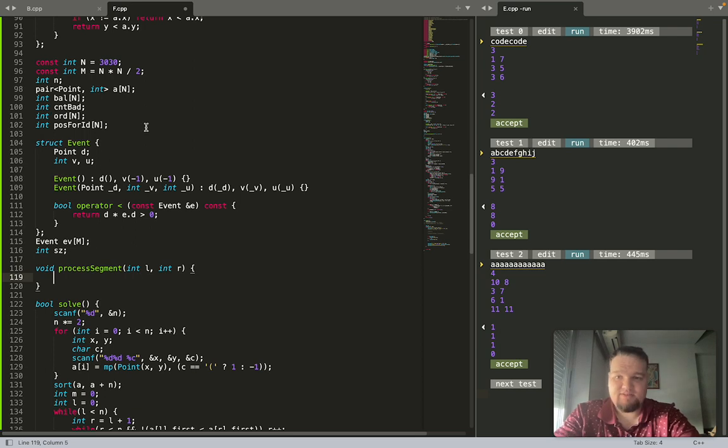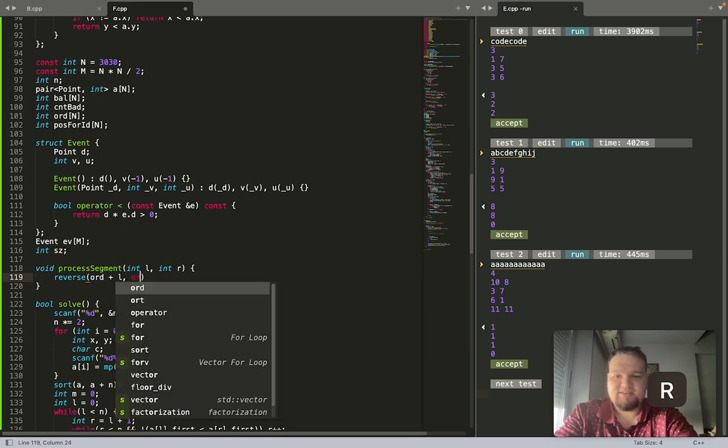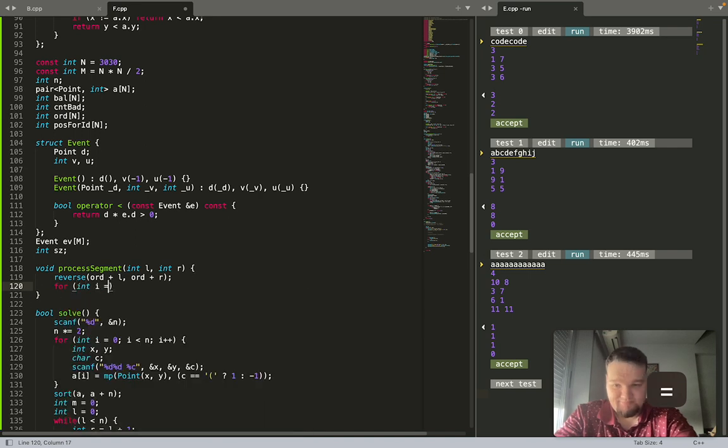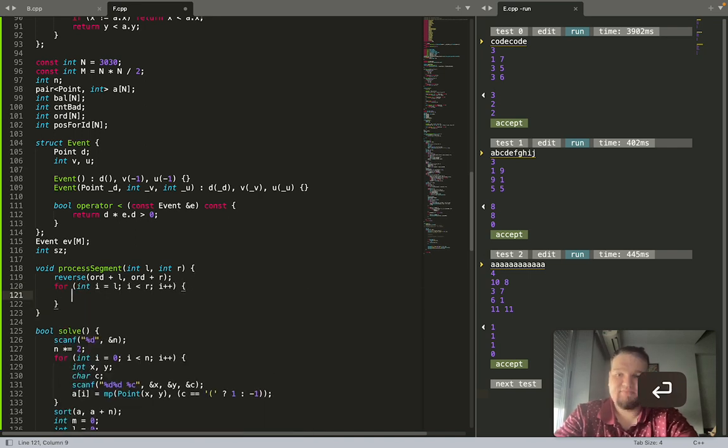So first, basically, I can say reverse the segment from L to R in the array ort, and store the position for ID for all the elements that it changed. So for position I, the element here now is ort I, so for this ID its position is I.